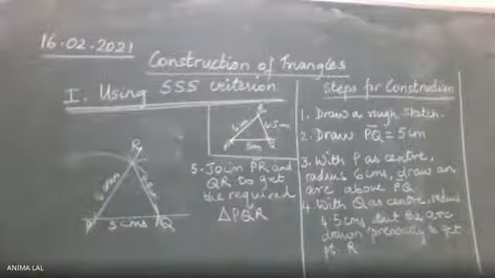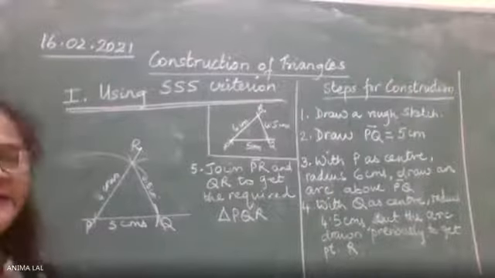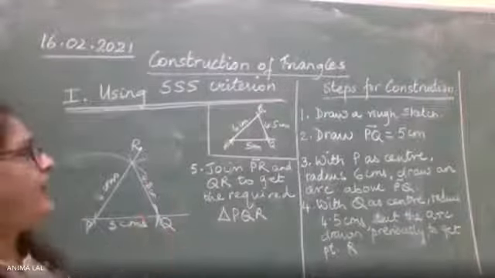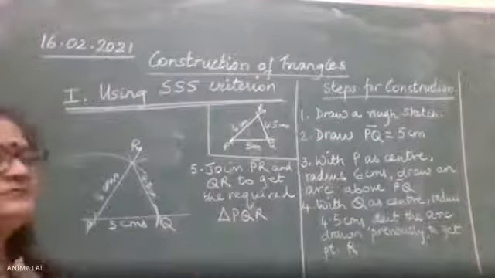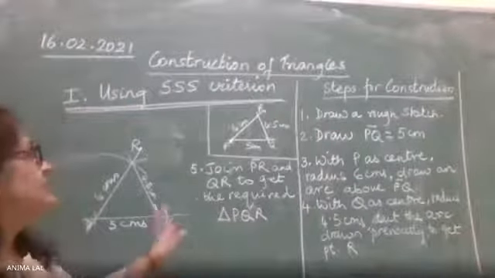Okay? Drawing a triangle where the three sides are given: 5 steps to follow, simple steps. You need to draw the figure.